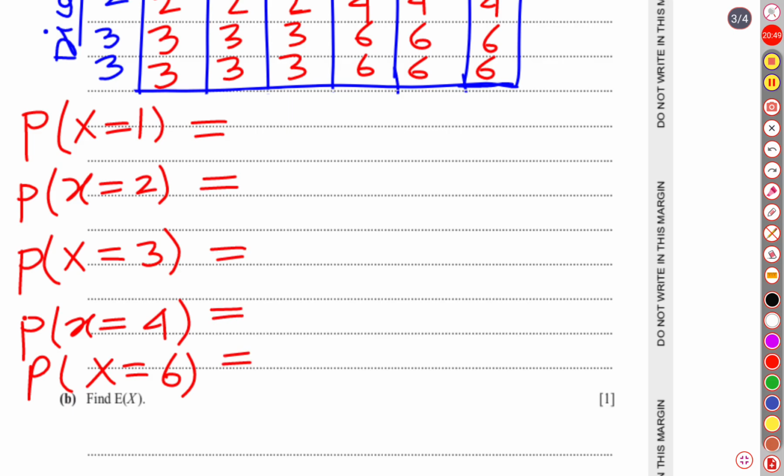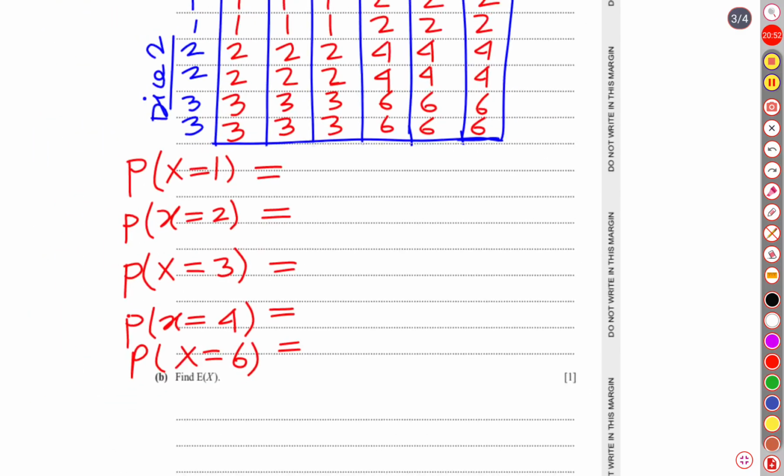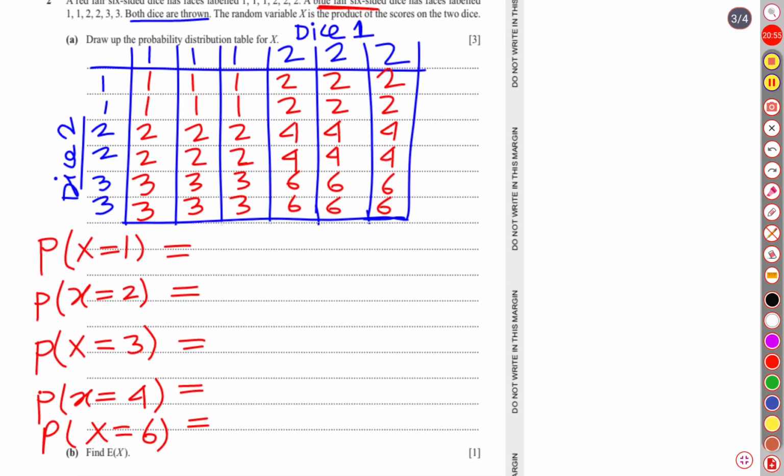Let's see how many ones there are. In total there are 36 faces, we know. Out of these 36, how many ones are there? There are only 6 ones, so it will be 6 over 36, because the total number of scores is 36. After that, how many twos are there? Again, look at this, these are the twos.